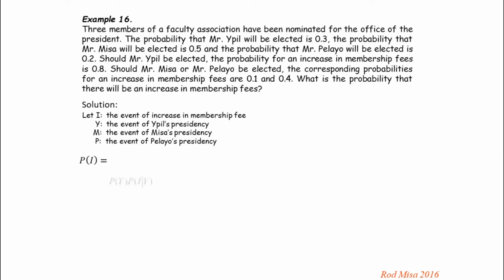The first case is when Mr. Ipil won the election. The second case is when Mr. Misa won the election. And the third case is when Mr. Pelayo won the election.